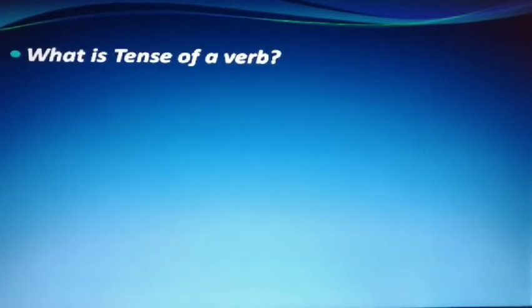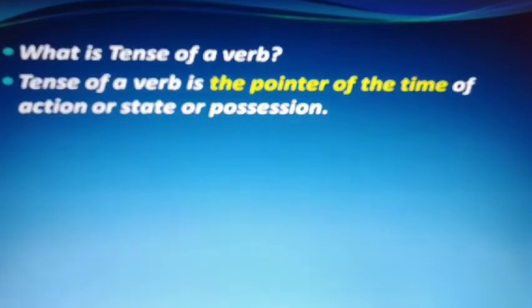What is tense of a verb? You need to know first what is the tense. Tense of a verb is the pointer of the time of action or state or position.